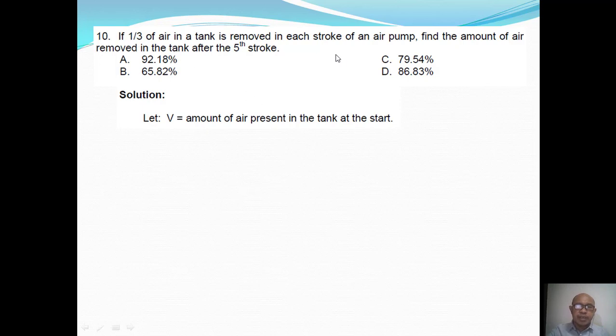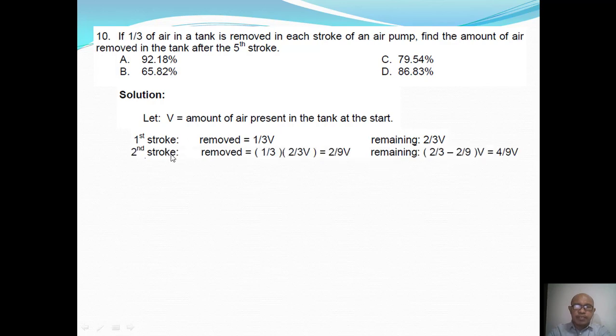For every stroke, it removes 1/3 of the air remaining in the tank. In the first stroke, the amount removed is 1/3 of the volume, the remaining is 2/3 of the volume. In the second stroke, another 1/3 of the remaining is removed, so 1/3 of 2/3 is 2/9 removed. The remaining is 2/3 minus 2/9, and that is 4/9.